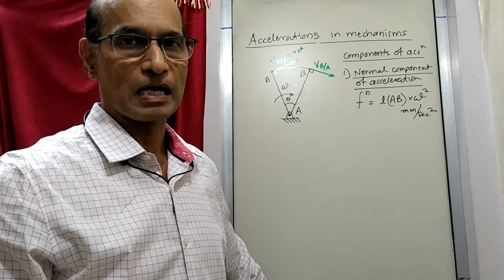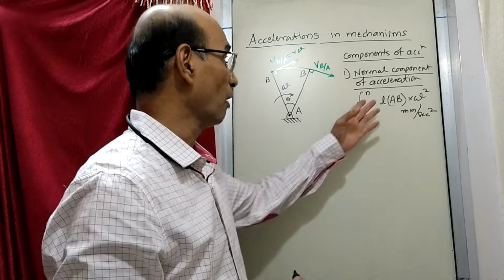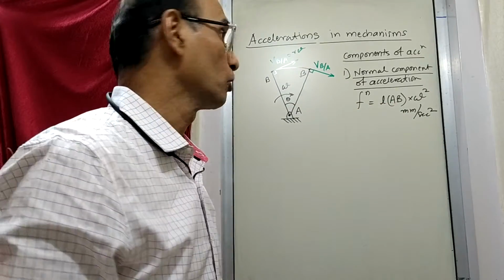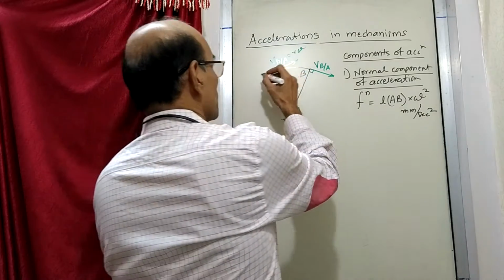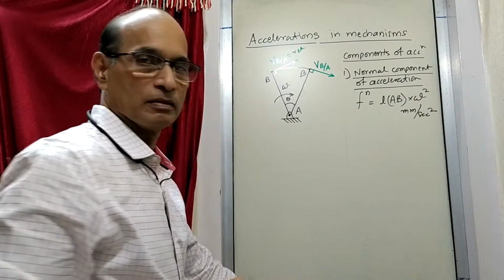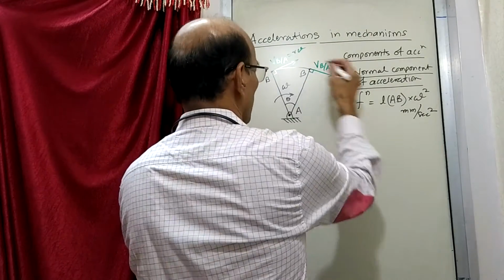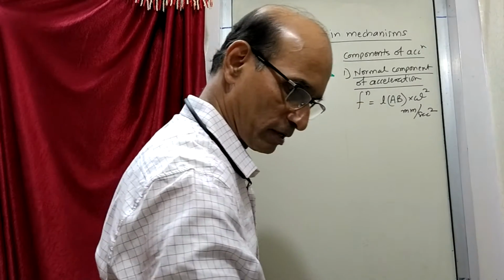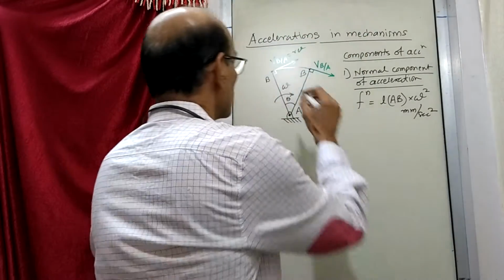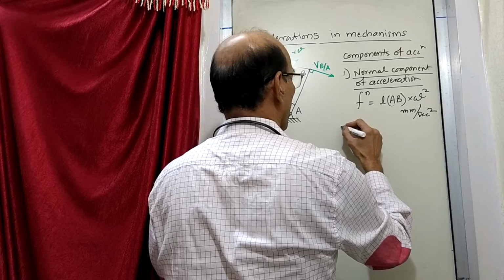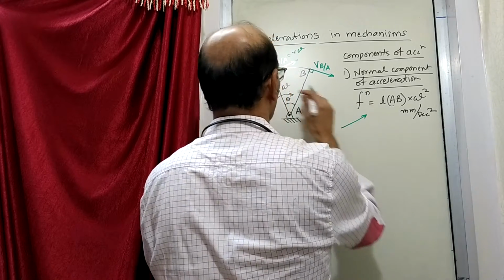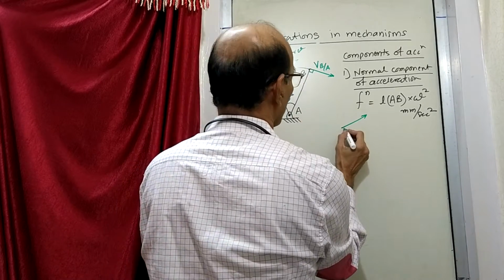Now, from where this has come and why it is so, for that, if you want to understand it, I will just draw these two vectors like this. So one vector here, maybe I will draw in the same way. Then the next vector I will draw here.